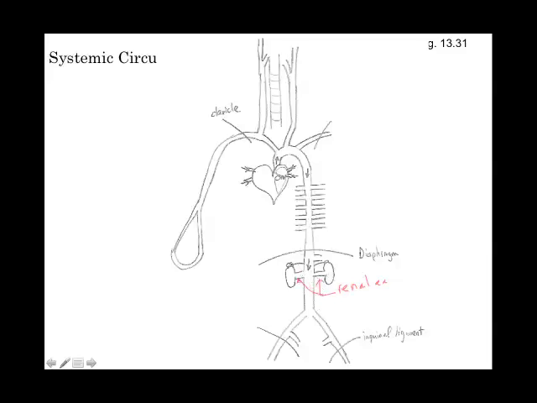And then down here, it's not on here, but we have what's called the inferior mesenteric artery. That actually supplies blood to the colon. But actually what happens is that these vessels, the inferior and superior mesenteric, actually meet. They form this little loop. And then there's branches off of these.